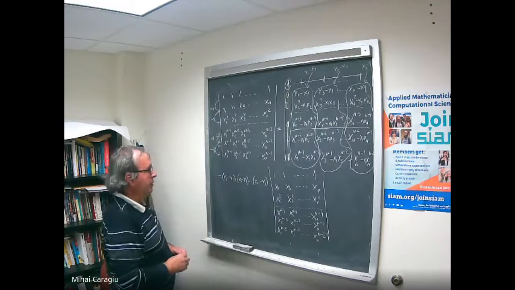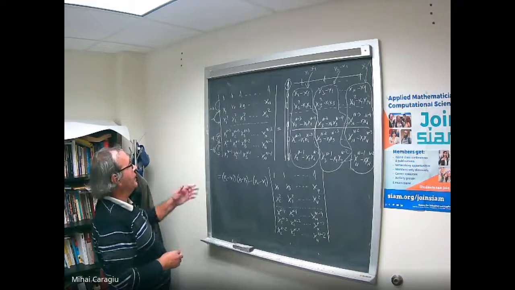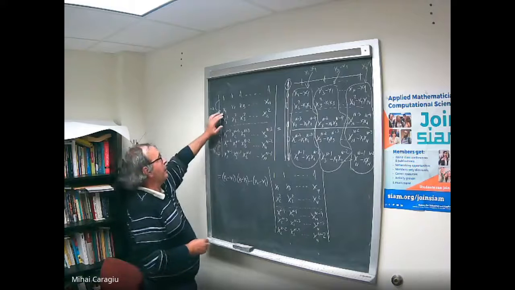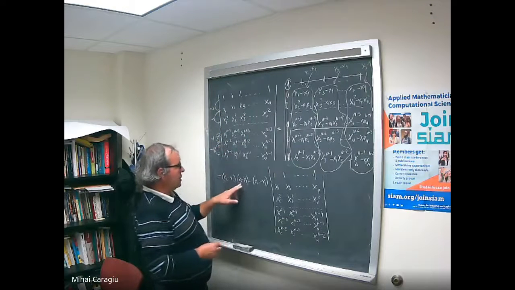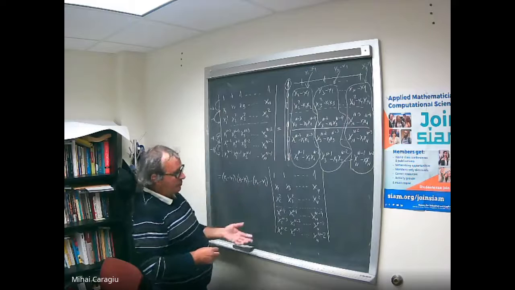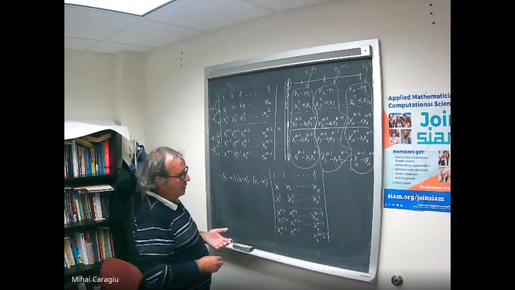Now, if you look here, what did we prove? We proved the Vandermonde determinant with parameters x1, x2, x3, through xn is x2 minus x1, x3 minus x1, through xn minus x1 times the Vandermonde of x2, x3, through xn. So, very important.